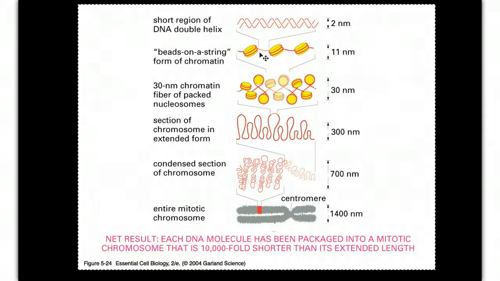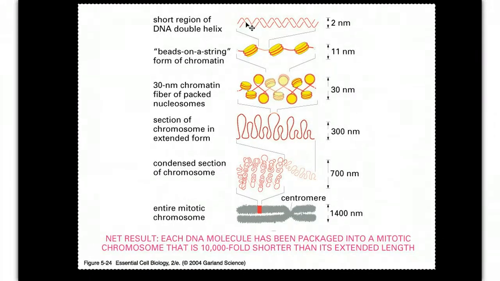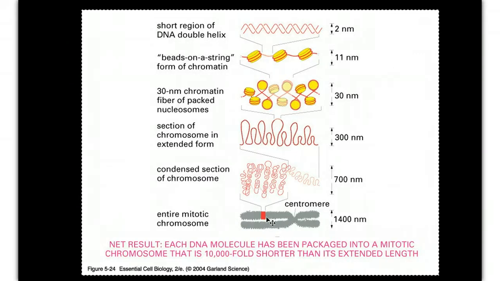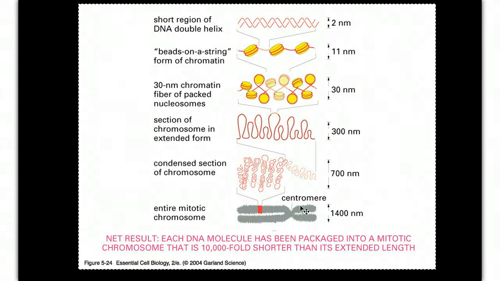In fact, it's all loose threads, more open DNA, so that the enzymes that need to come in to do transcription and translation as well as DNA replication can do so. It's only in preparation for mitosis that the DNA starts to wrap around itself to make these chromosomes, to make it a little bit easier to split the copy of DNA in the two separate daughter cells that are made.